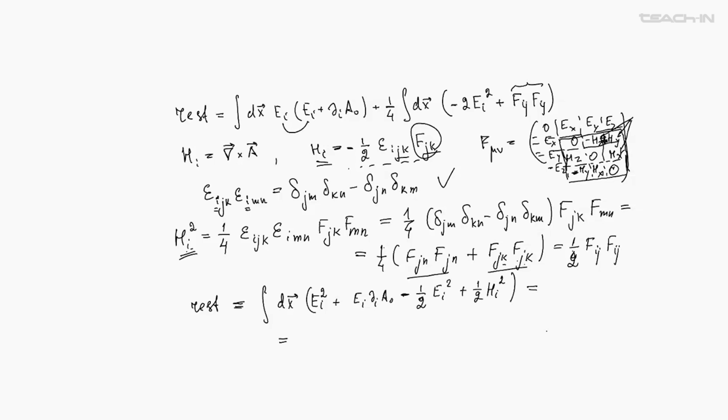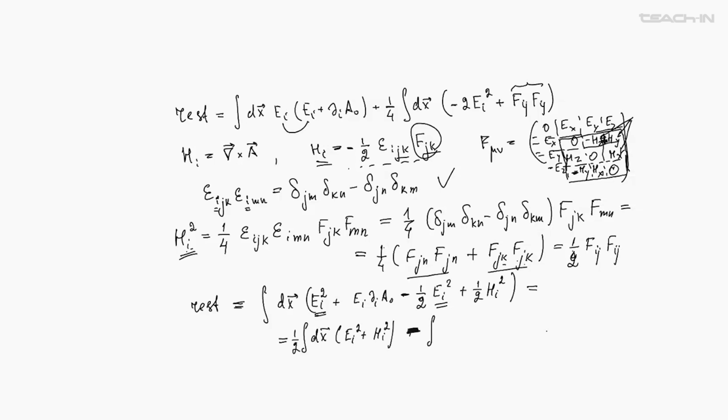So the result will be the integral dx of 1/2 (e squared plus h squared), correct? Plus the integral of ei di a0. And this term I will integrate by parts and throw away the total derivative, the total spatial derivative.